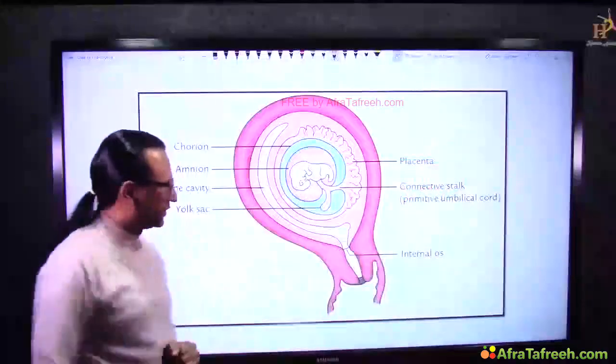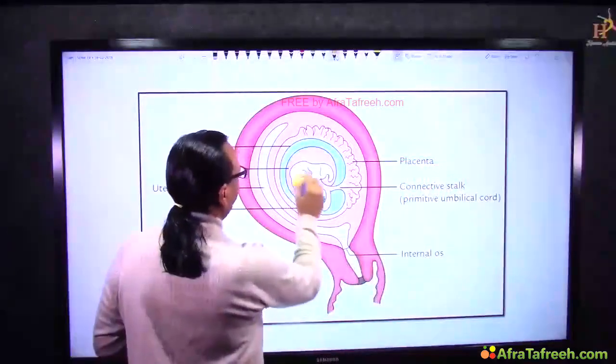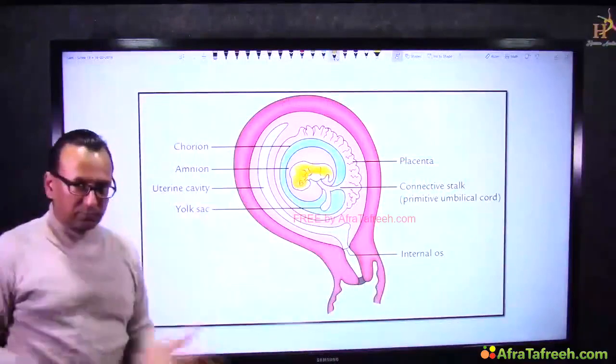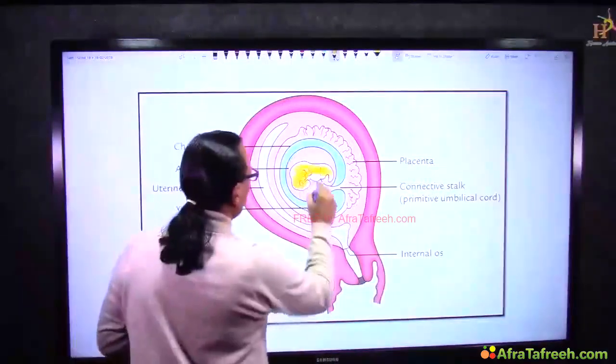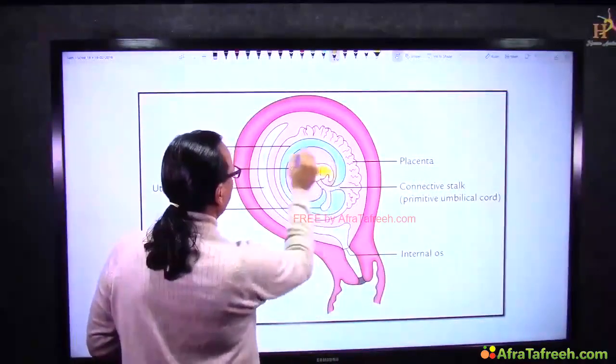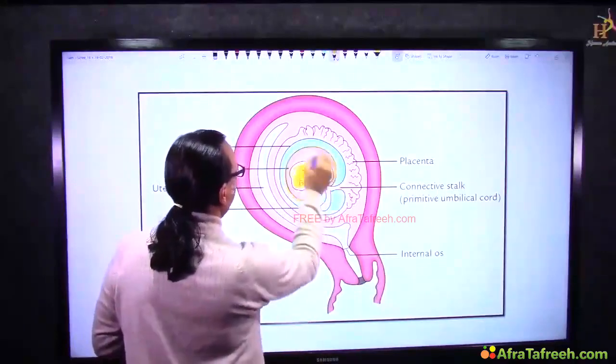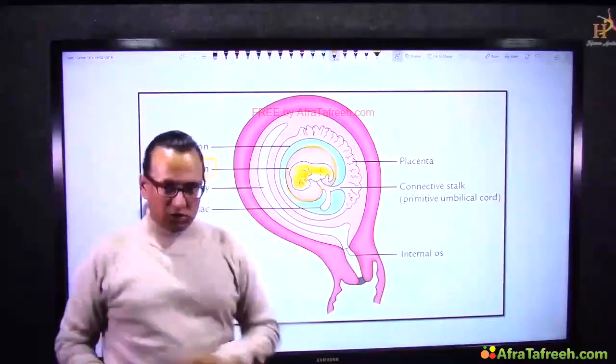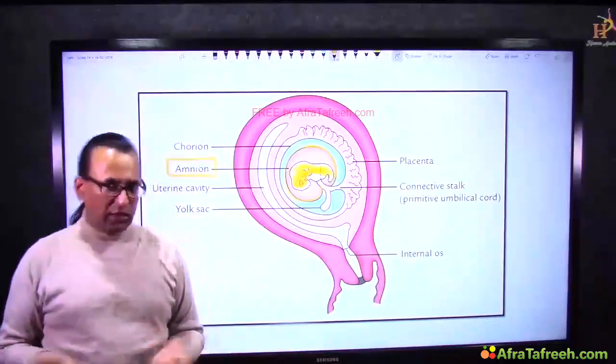Now you will notice this is the baby. And what is this baby suspended in? Amniotic cavity, which is covered by amnion membrane. So this is the amnion membrane which is covering the amniotic cavity. What is around that? The chorion.